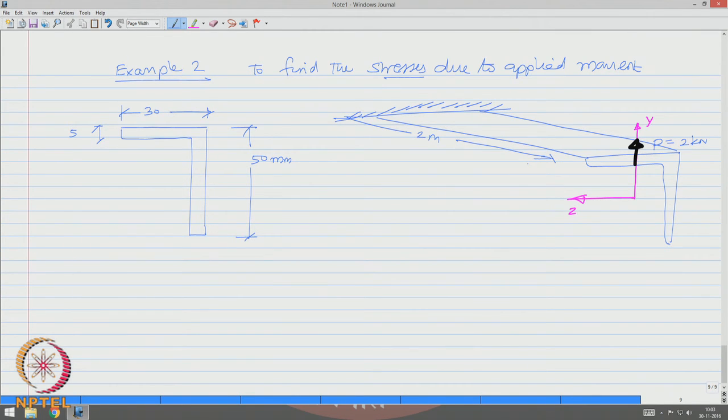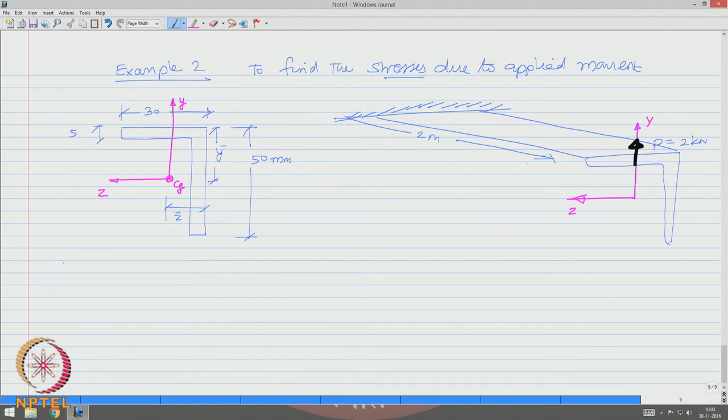Let us mark these axes as z and y, and this is my CG. So, from first principles one can easily calculate the value of y bar and z bar. Let us do that quickly to understand.